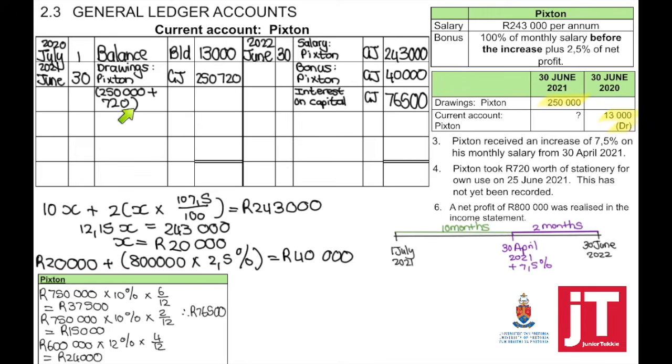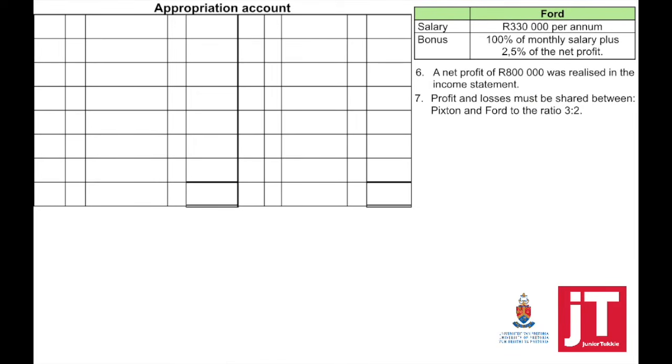This means we need to add it to the 250,000 and then we can calculate the total drawings. Please remember, I cannot balance this account now. We still need to show the final distributions of profits. This means we need to calculate it. We need to complete it in our appropriation account.